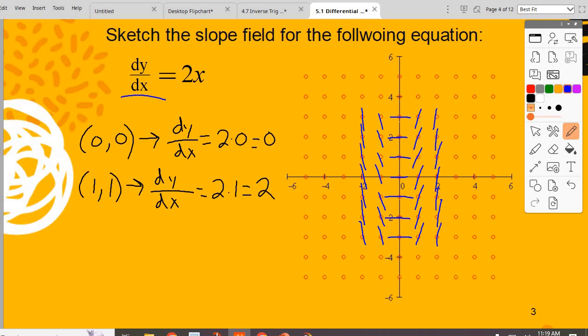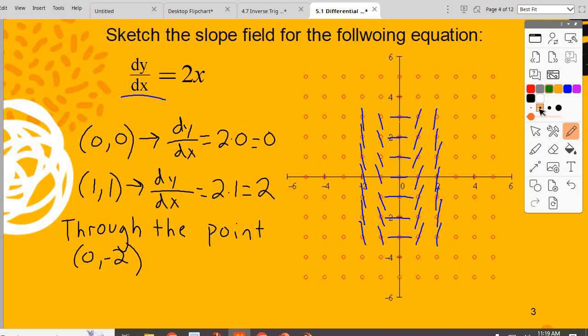Again, this is just to give us an overall idea of what that slope might look like around our graph. Now, if we were asked to sketch through the point (0, -2), all they're asking us to do is sketch the particular solution through that point.